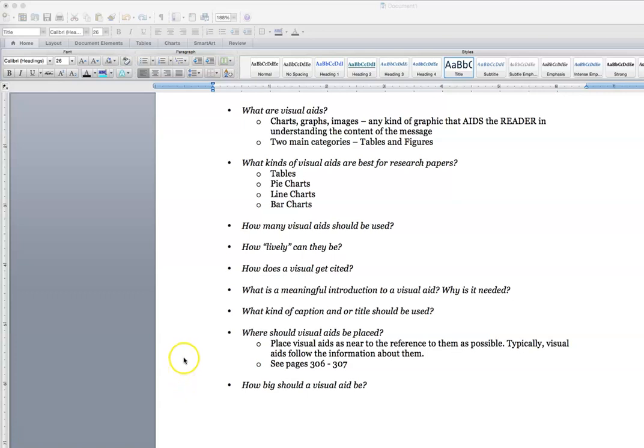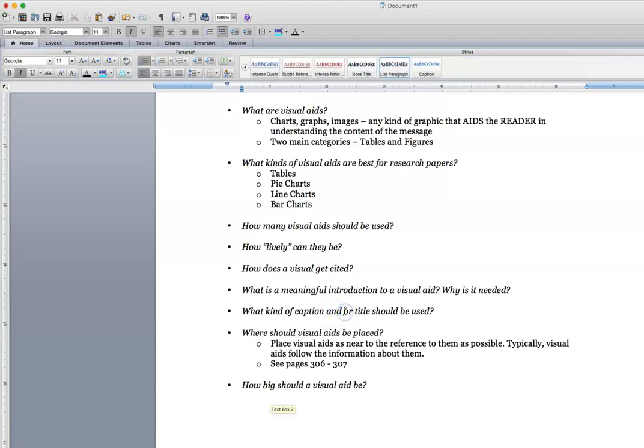Okay, so what kind of a caption and or title should be used? Well, a caption is not the same as a title, though sometimes they do get conflated, and I think our book does that a bit too. I'm going to show you how to insert a caption.